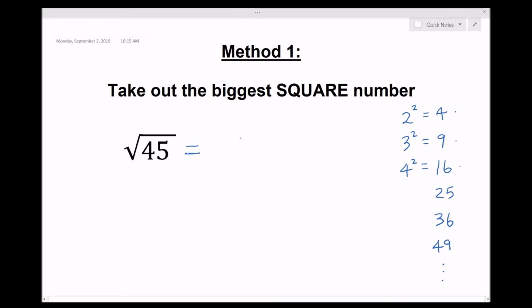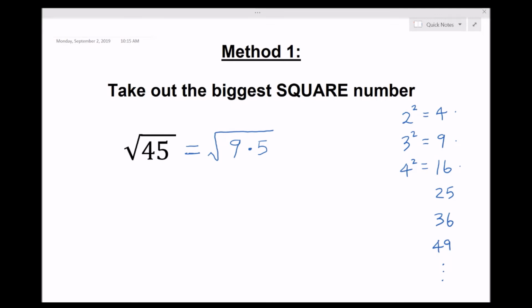So 45 splits into 9 times 5, and then keep the square root. That square root is still there. Okay. And then what happens next? We've taken out this 9, the biggest square number, right? What happens next is you may have learned how square roots work in a previous class, some of the properties of square roots.